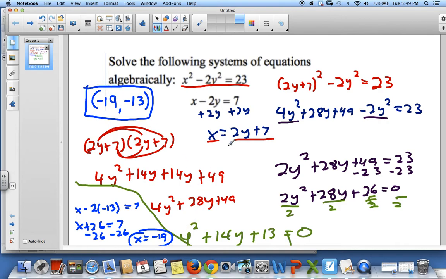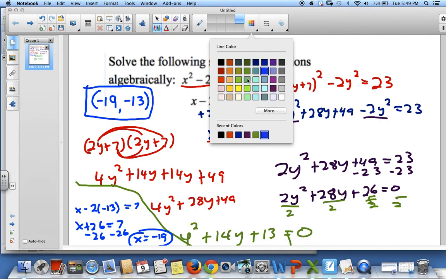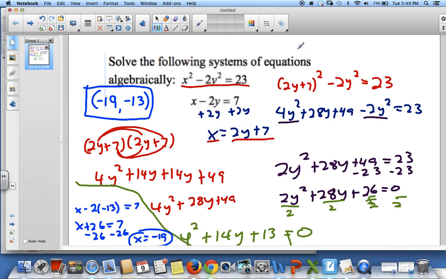I'll get a different color for the next one. Let's go with lavender.